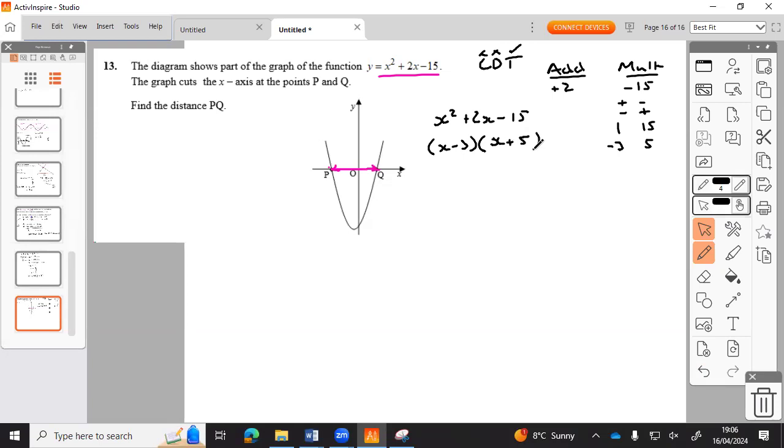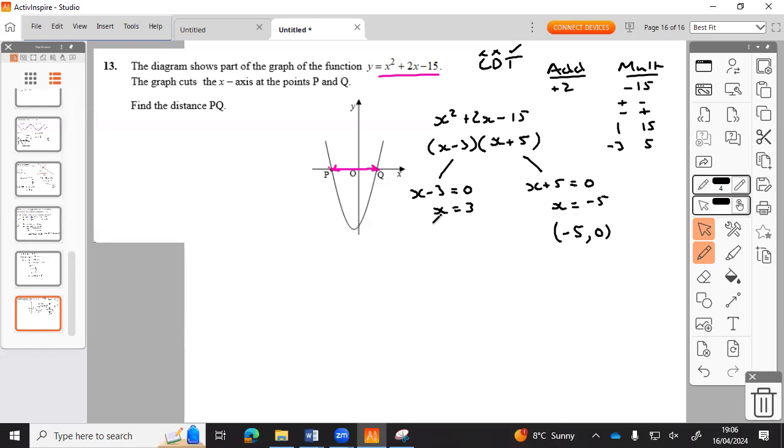Now remember, we then take that bracket, x minus 3 equal to 0, x is equal to 3. We take that bracket, x plus 5 is equal to 0, x is equal to negative 5. So my coordinates of P is (negative 5, 0).